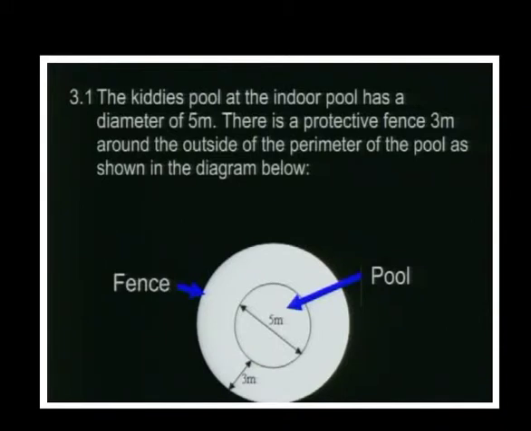There is a protective fence, 3 meters, around the outside of the perimeter of the pool, as shown in the diagram below. Now, this is where I just need to stop for a minute, because in your November 2010 paper, the examiner made the question seem like the fence was right on the pool itself.